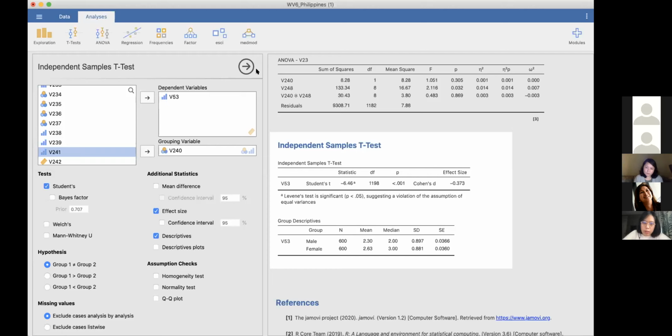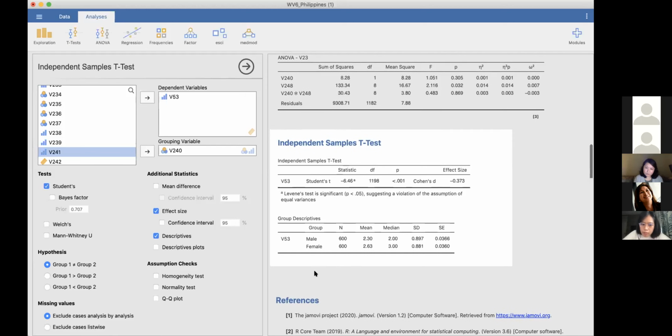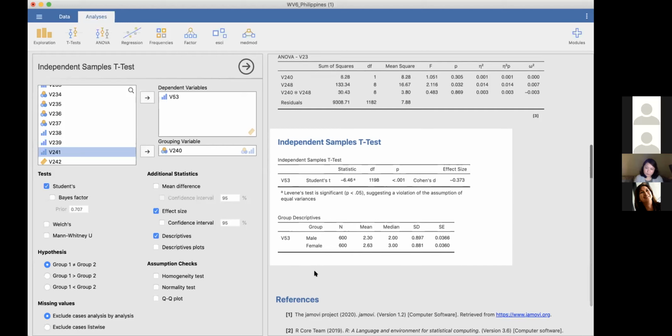So, when you report a t-test, you not only report that there's a significant difference, you also will want to go a step further. Okay? Mikey, can I ask you, using the group descriptives data, what else can you say about gender and this belief?